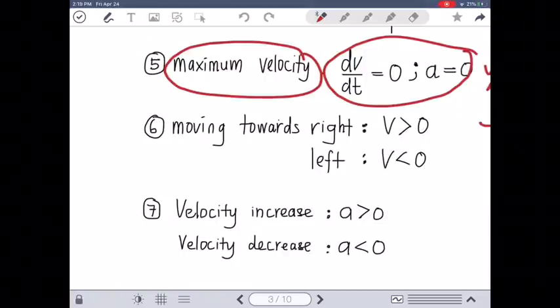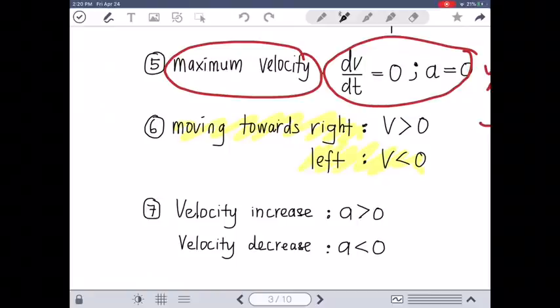And we have looked also at this: if the value of v is greater than 0, then the object is moving towards the right direction. If v is less than 0, then the object is moving towards the left direction.